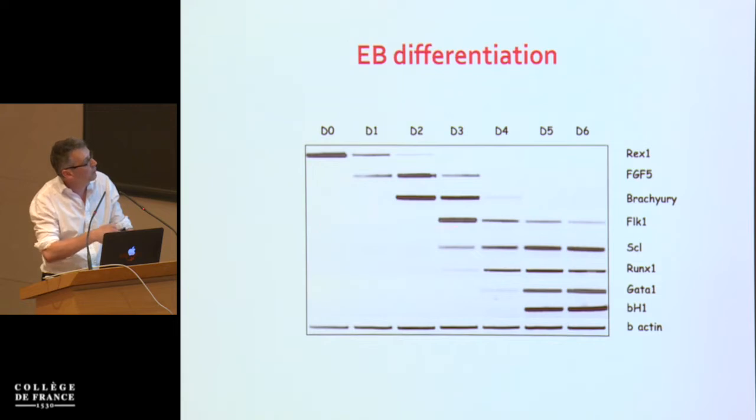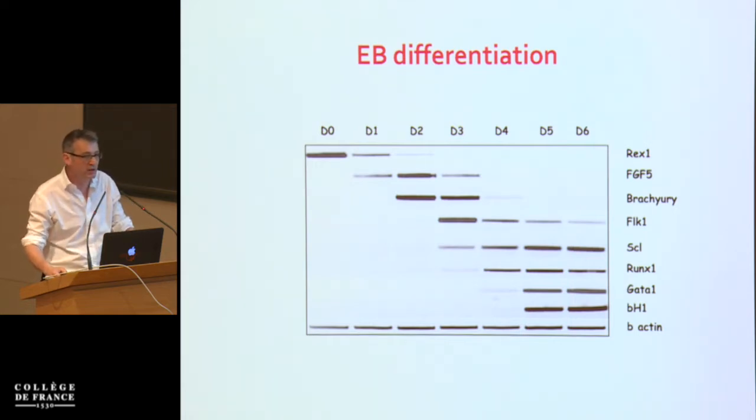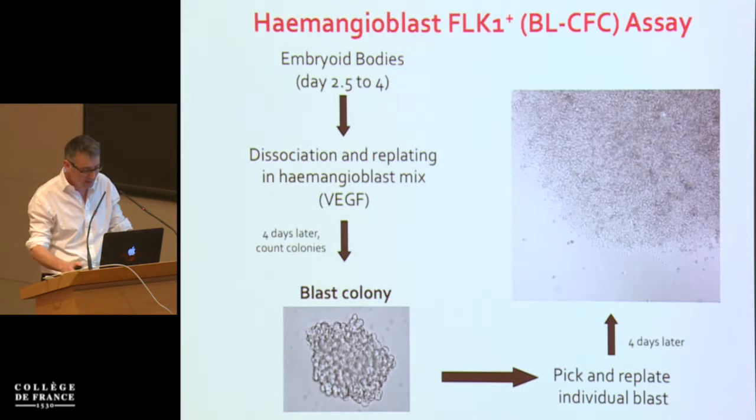This is shown on this gene expression panel from day 0 to day 6, and you can see that you have a lot of the genes which are expressed in epiblast, mesoderm, and after early hematopoietic development, you can see sequential expression of these genes. So it's a beautiful system because all you have to do is open your incubator and get these cells and study what's happening in them. And in fact, this system has been instrumental to demonstrate the existence of the hemangioblast.